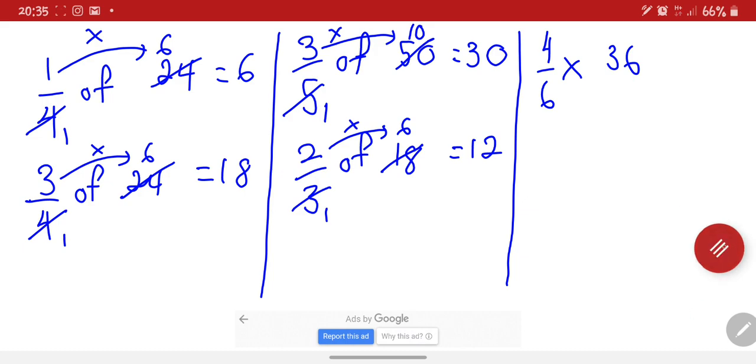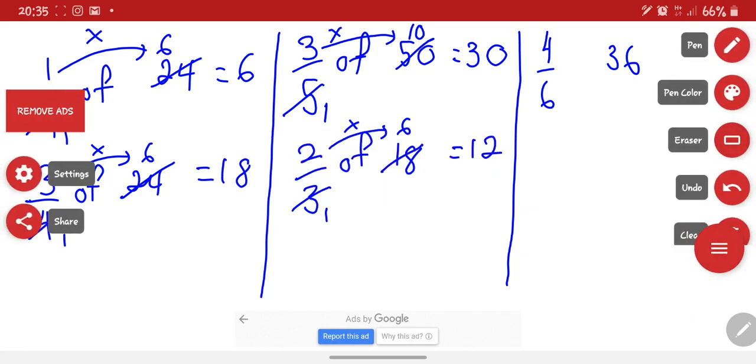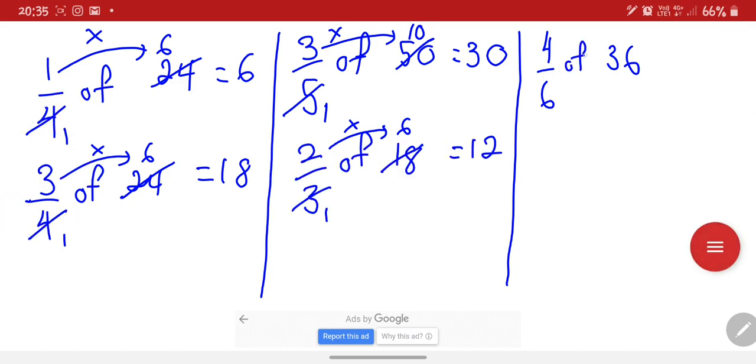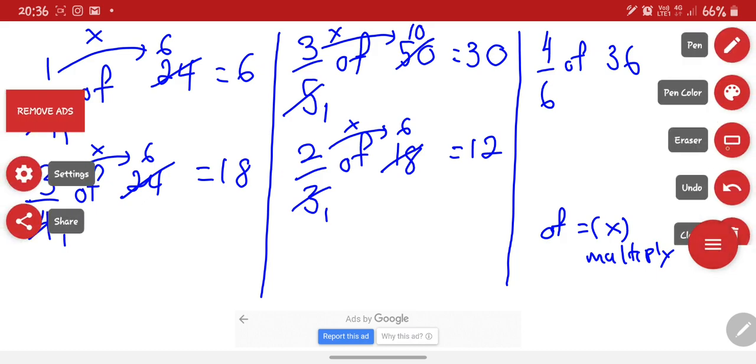Okay, another thing that you have to know. The word "of" is also equal to the meaning of times, which is multiply. Same meaning as multiply.